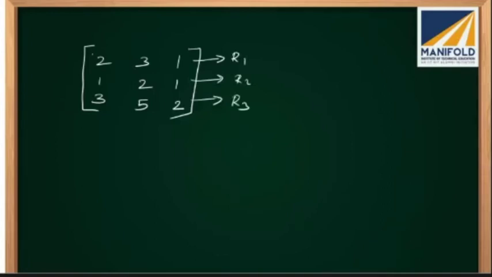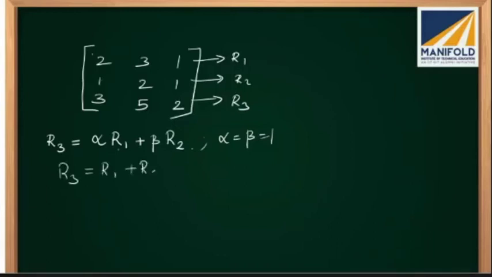I have intentionally written row 3 as a linear combination. Linear combination means a weighted sum, right? Alpha times R1 plus beta times R2. Here alpha equals beta equals 1, which means if I take R1 plus R2, 2 plus 1 is 3, 3 plus 2 is 5, 1 plus 1 is 2. In this case, R3 is equal to R1 plus R2.